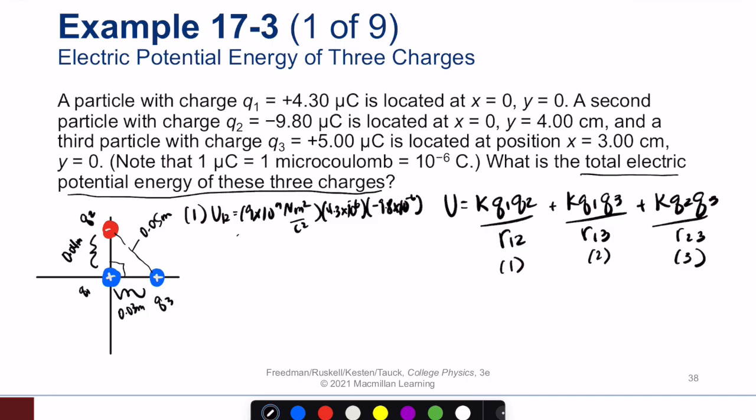I'm going to drop my units just so I have room. And then the distance between 1 and 2 is 0.04. I'm just going to go ahead and write down all this and then calculate it.